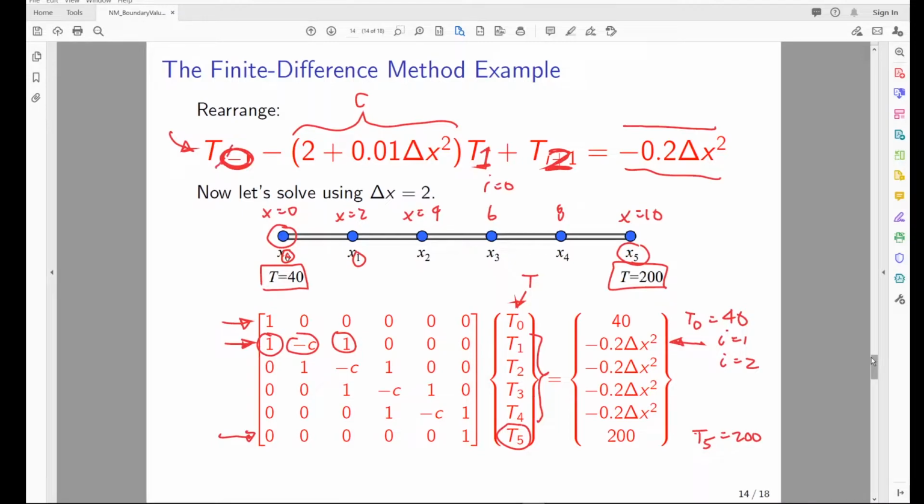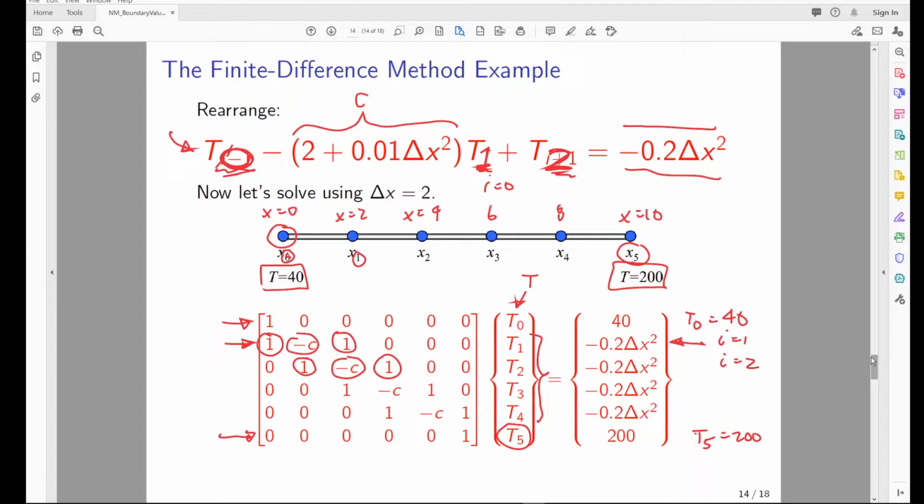Then I increment i from 1 to 2, and I go back here and replace this one and make it T1, this one T2, and this one T3. I'm going to be left with 3 values, 1, minus c, 1, coming up with the third equation necessary to satisfy the third row.